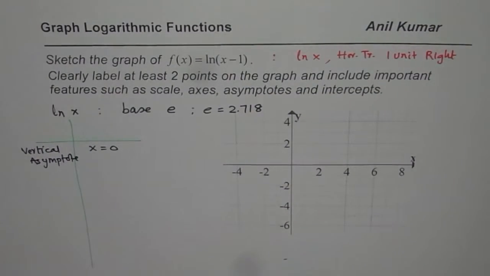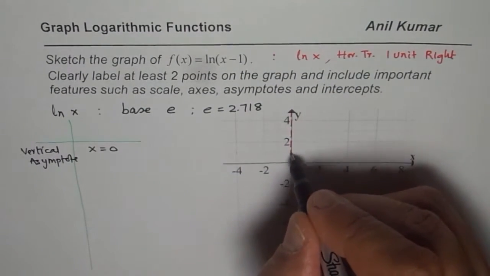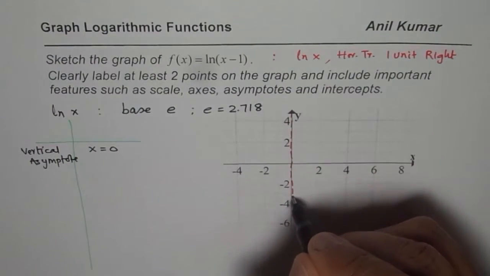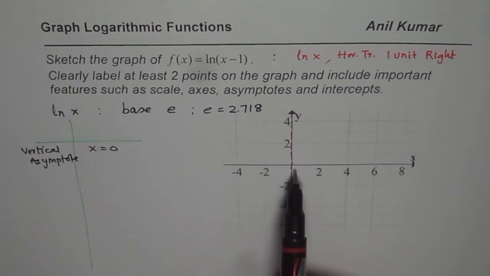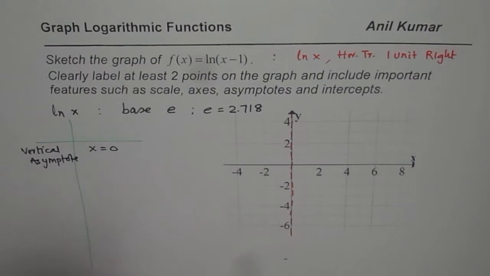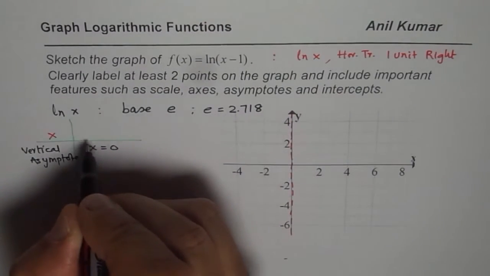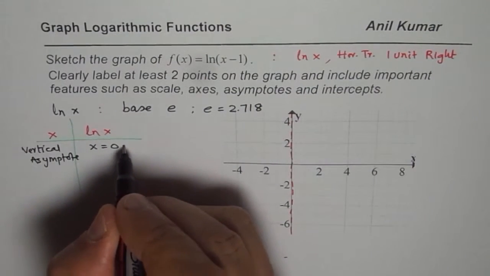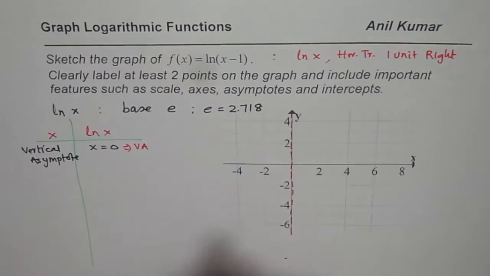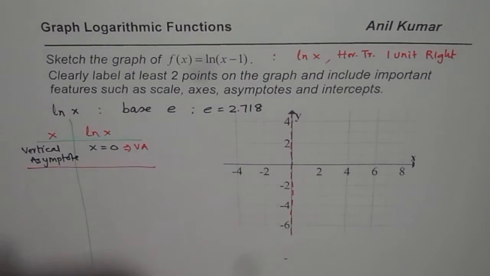For any parent logarithmic function, the vertical asymptote will be at x equals 0, and that gives us the domain of the function. It has to be positive, right? Greater than 0. Now we will write down a few values of x and then find ln x. We can use a calculator also, so that gives you the vertical asymptote, right? It is not defined at x equals 0, so that value is not defined.